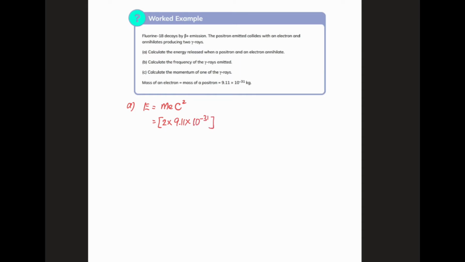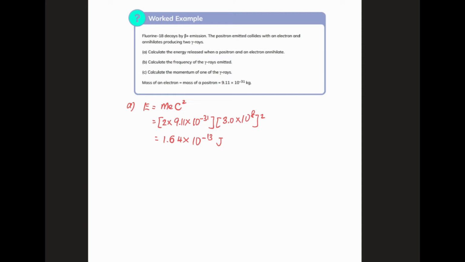The positron and the electron have the same mass, and then multiply with 3.0 times 10 to the power of 8, this is the speed of light, and you square it. Then we just use the calculator. So 2 times 9.11, you will get 1.64 times 10 to the power of negative 13 joules. Okay, so this is the answer for A.